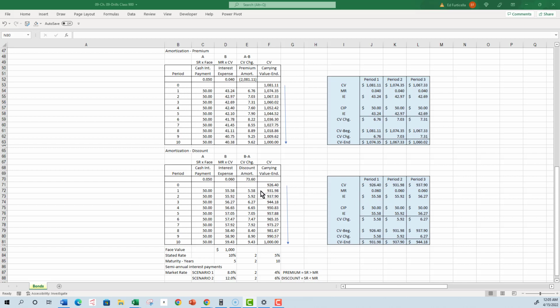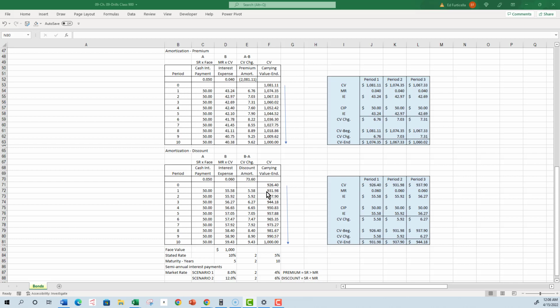You take that interest expense for the period and subtract it from the cash interest payment, and you'll get the change in the carrying value of the bond, $5.58, just like you did with the amortization table. You'll add the $5.58 to the beginning carrying value to get a new carrying value of $931.98.